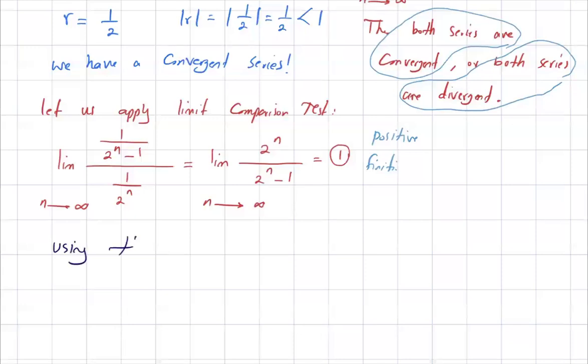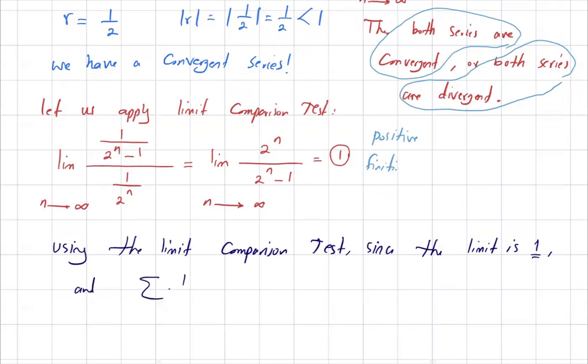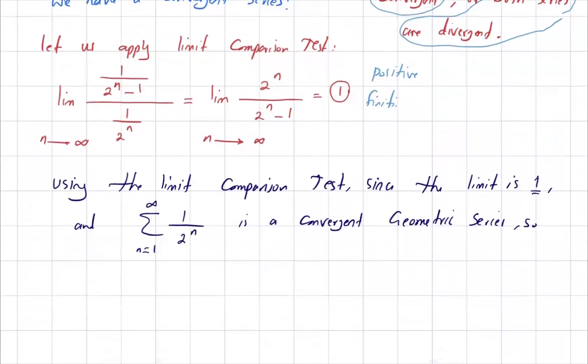Using the limit comparison test, since the limit is 1 and the series of 1 divided by 2 to the n, starting from 1 to infinity, is a convergent geometric series, the series of 1 divided by 2 to the n minus 1, starting from 1 to infinity, must be convergent as well.